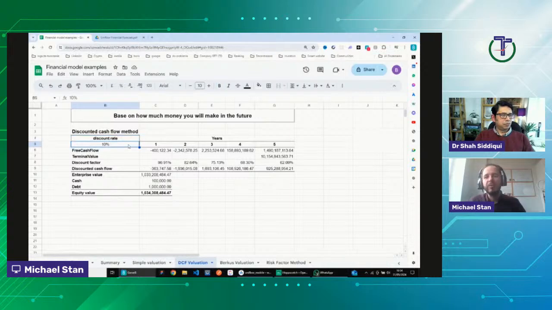The average, if you want to do it, is around 10% for an early stage startup. For later stage startups, that discount rate will go a little bit lower. And you need to calculate the free cash flow, so how much money you will have free in 5 years.